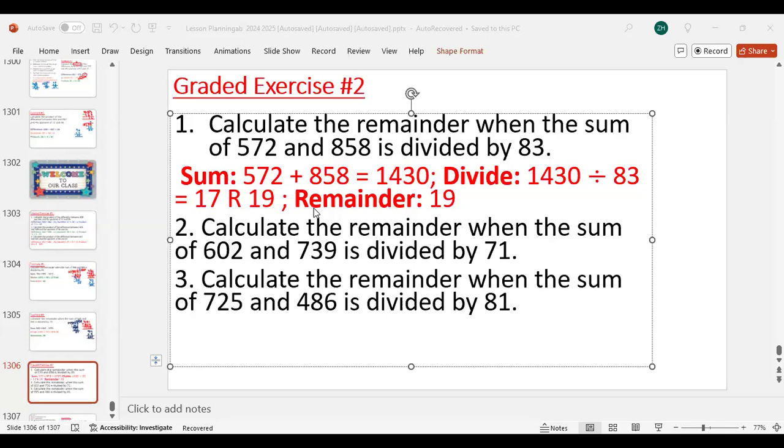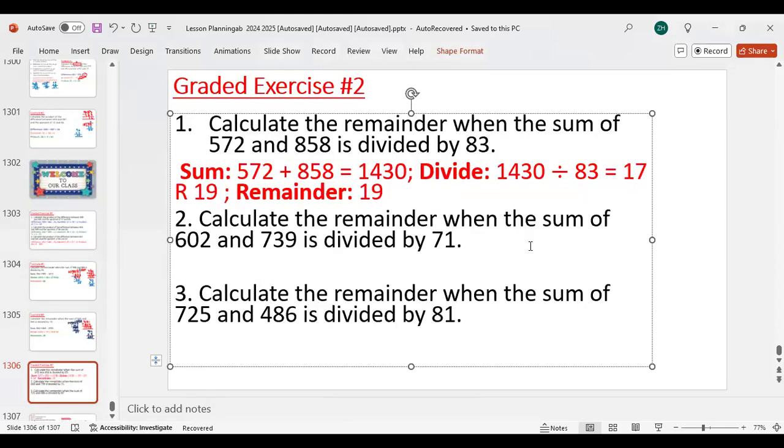All right, y'all got 19 for number 1, right? Yes, sir. Good. What did you get for number 2? Let's do the sum first. The sum is going to be what? 602 plus 739. That will be equal to 1,341.